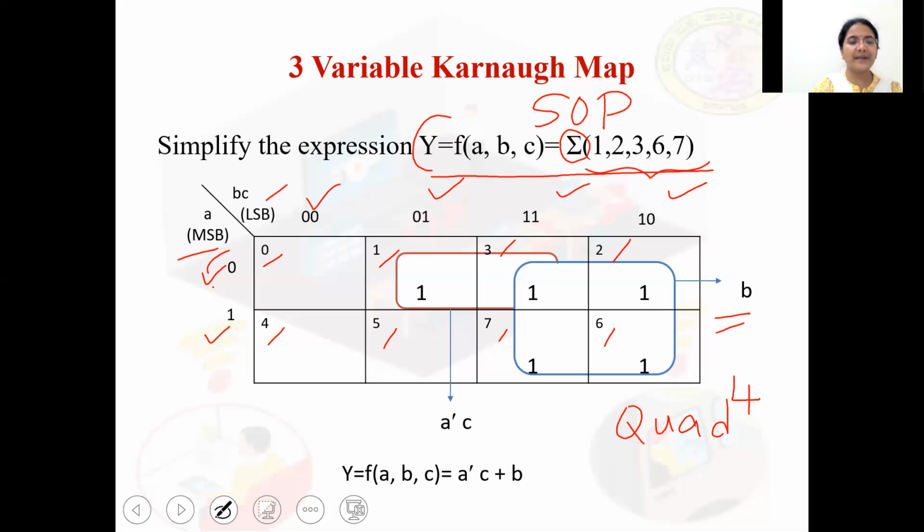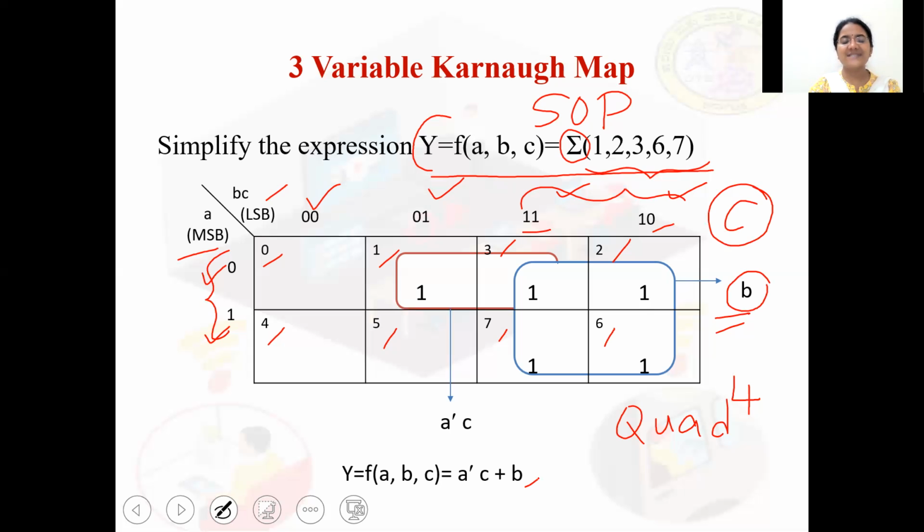So we can eliminate the variable a because it is changing from 0 to 1. And by considering the columns BC bar, here variable B is the same, but variable C is varying. So we are eliminating the variable C from these two columns. So we are getting the product term as B.